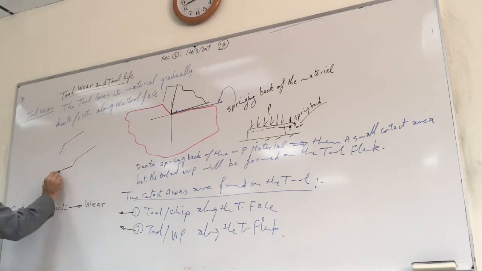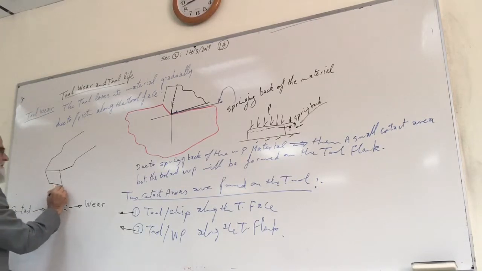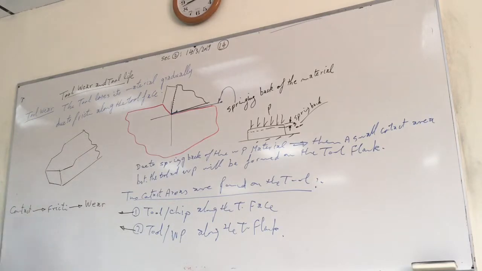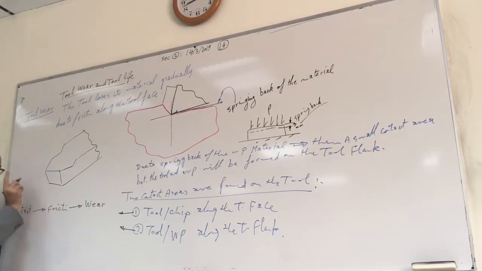This is the tool face, this is the main cutting edge, this is the secondary cutting edge, this is the tool flank as we explained before. Okay, the chip: where is the cutting edge? The cutting edge is here, at the tool nose. The chip goes normal, perpendicular to the cutting edge.